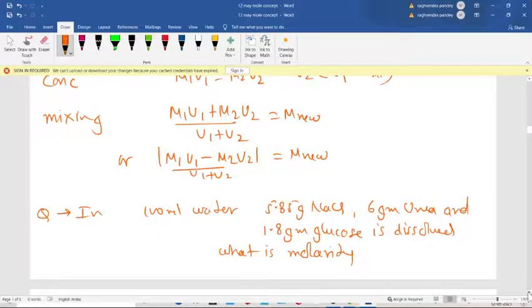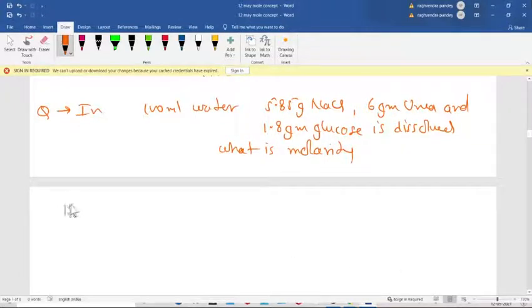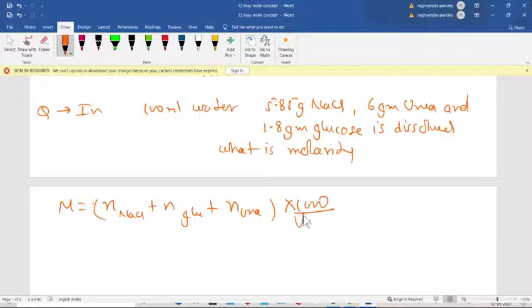Let's solve it, then you can understand it better. So molarity is number of moles of NaCl plus number of moles of glucose plus number of moles of urea into 1000 upon volume in ml.